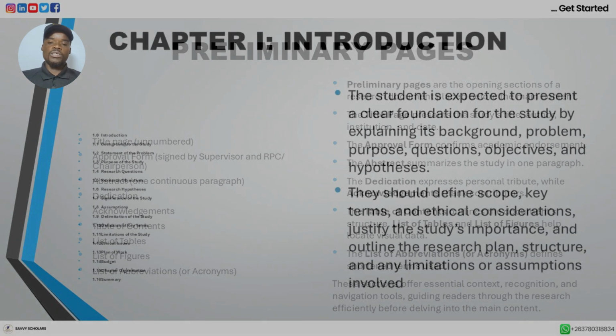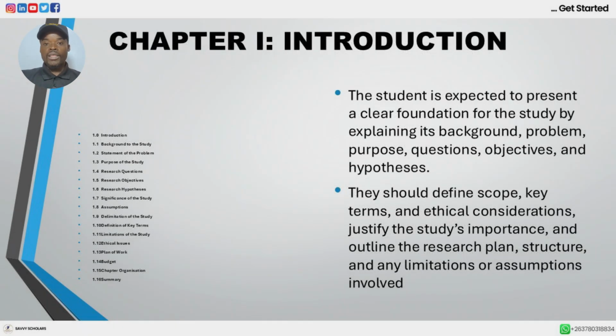When you look at chapter 1, you're expected to present a clear foundation for the study by explaining its background, the problem, the purpose, the questions, objectives, and hypothesis.